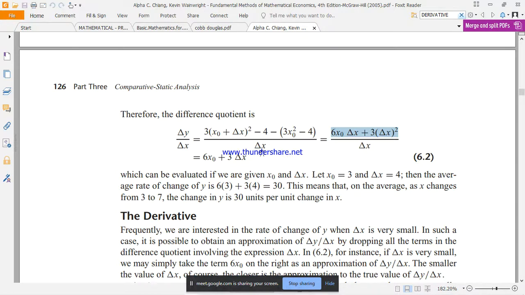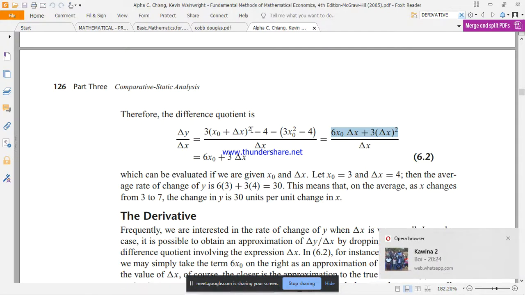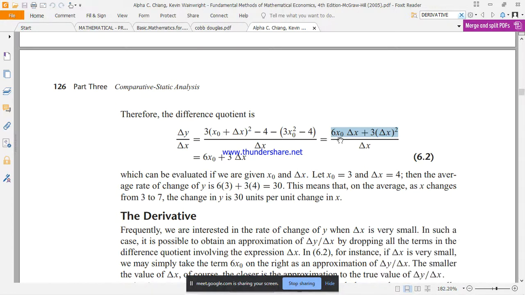Then after that, you are going to remain with 6x naught times the change in x, which is coming from 2 times 3 is 6, then multiplied by x naught. That is where the 6x naught is coming from. The change in x comes in because when you distribute the 2 to everything, you know how we solve expressions raised to the power 2: we say 2 times this, you find the answer, then you multiply 2 times this times that.